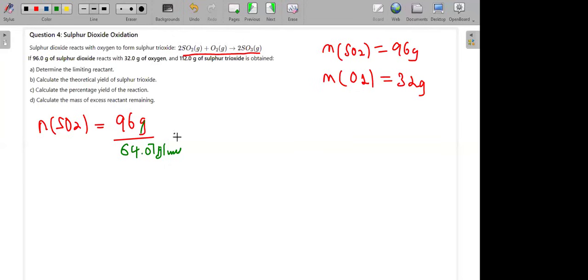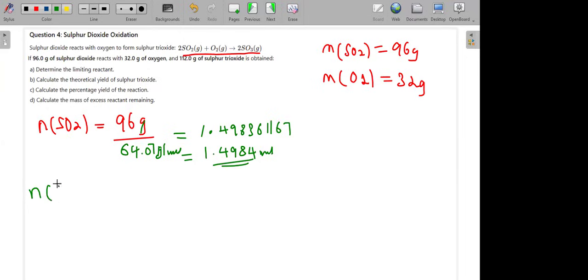The grams cancel, so it is 96 divided by 64.07, which gives 1.498361167. You can round this off to 4 decimal places, so it will be 1.4984. These are the moles of sulfur dioxide.